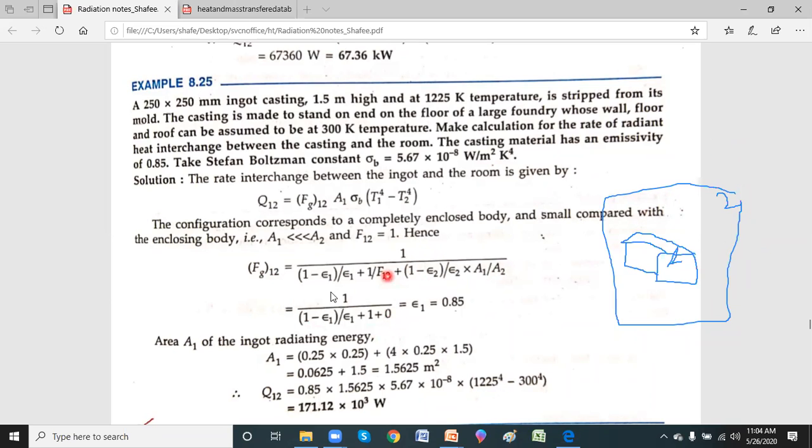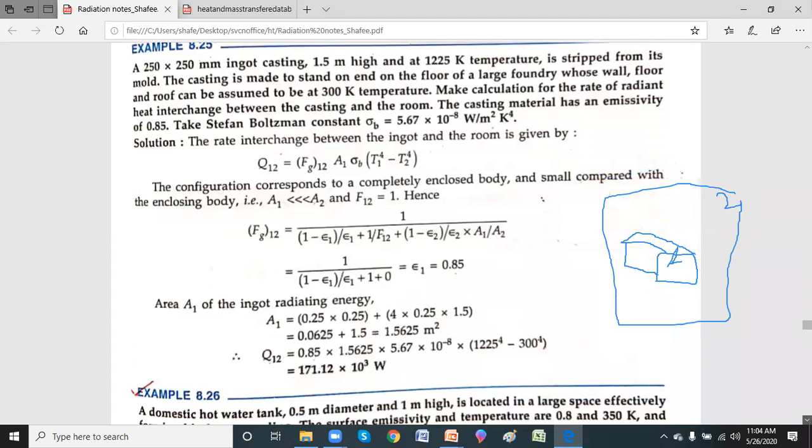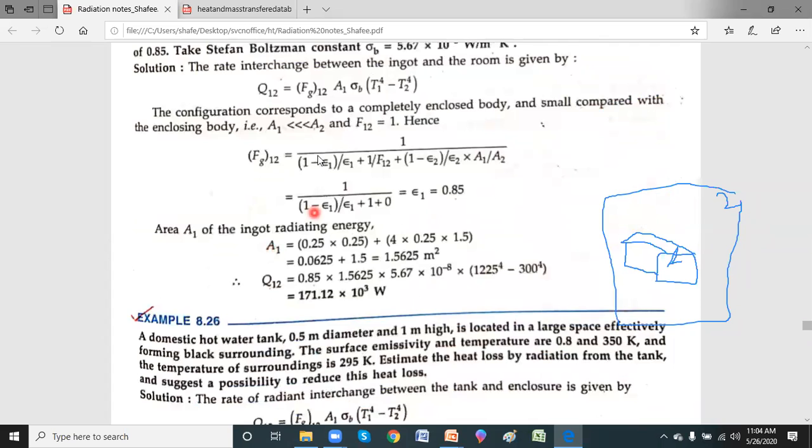What is available is (1 minus epsilon 1)/epsilon 1 plus 1/F12, which is again 1. So finally Fg12 is 0.85. Let me just finish this problem, now that I have Fg12 as 0.85.